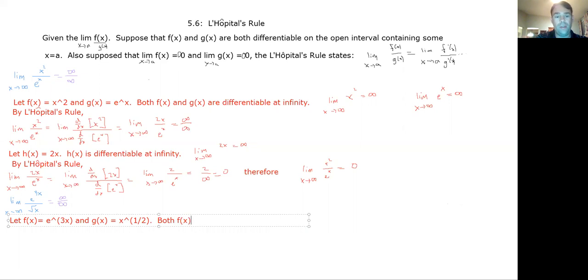Both f of x and g of x are differentiable at infinity. So we've given ourselves permission just about. Got to prove these real quick, or at least show these.